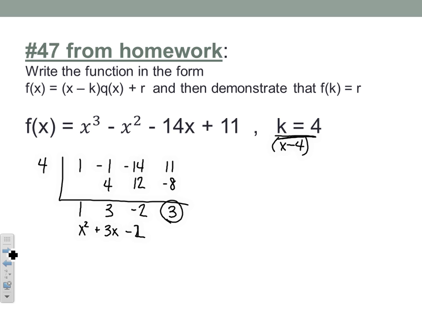All right, so that's my quotient. That was my answer for my division. So fill in all those things in that order that they asked us for up there. The x minus k was x minus 4. Our quotient function, our answer was x squared plus 3x minus 2 plus our remainder, 3. So there's that answer that they're asking you for.